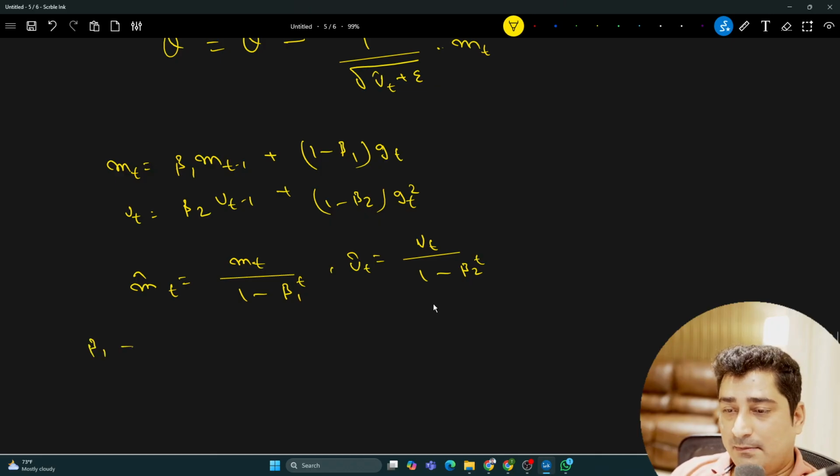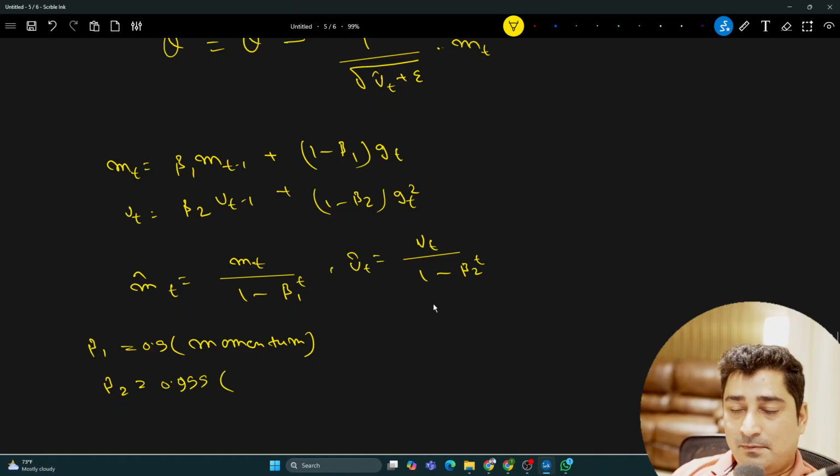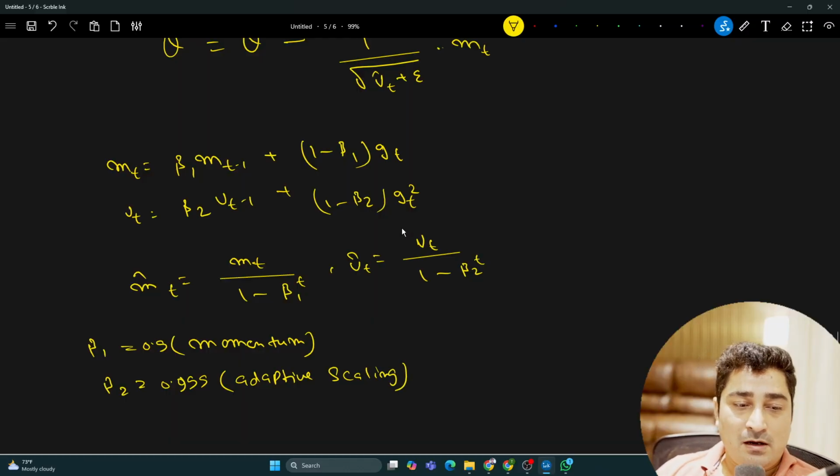Beta 1 is, let's suppose, 0.9, which represents momentum. And beta 2 is 0.999, which represents adaptive scaling.